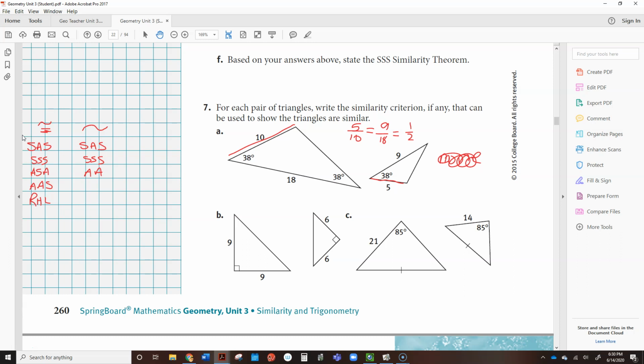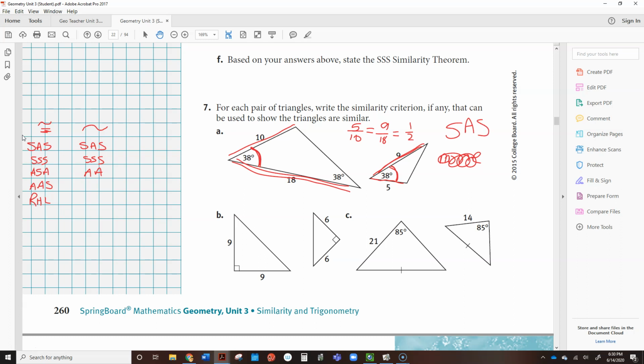So this triangle is half as big as this one. Okay, and then between the two sides and this side right here, I'll double mark it. This side right here, I'll double mark it. And then because the angle is between the two sides that we know, this is an example of side angle side.